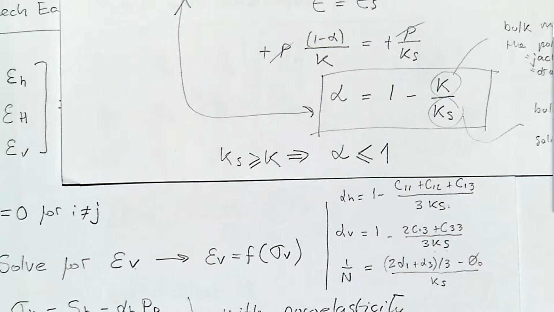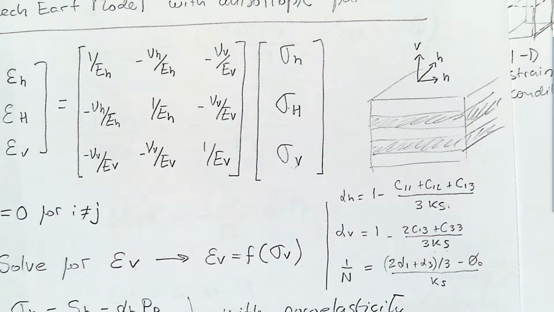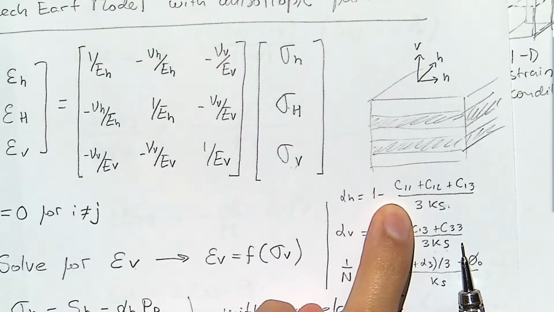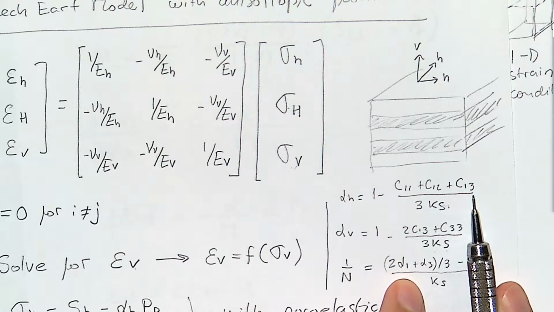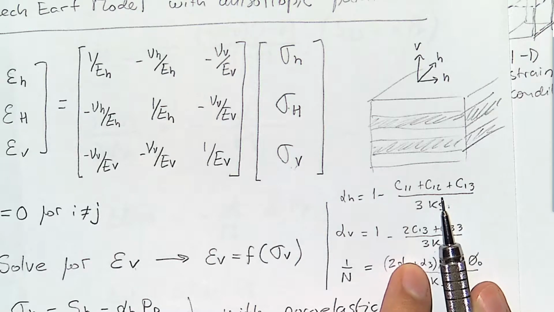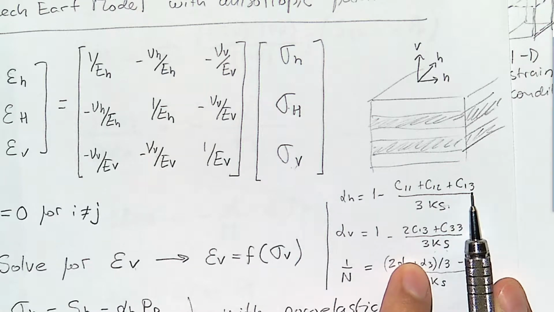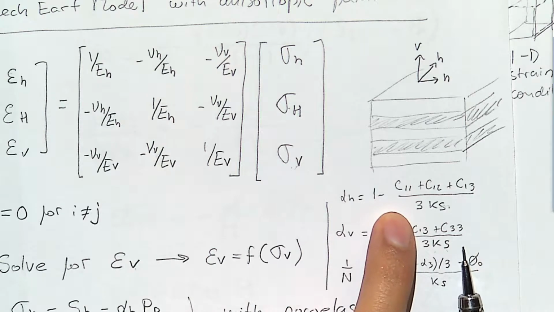So question, which one is going to be smaller, alpha H or alpha V? Which one is larger, C11 or C33? C11. And also C12 and C13, they're going to be comparatively larger. I don't remember if C12 is larger than C13, but definitely C11 is larger than C33.